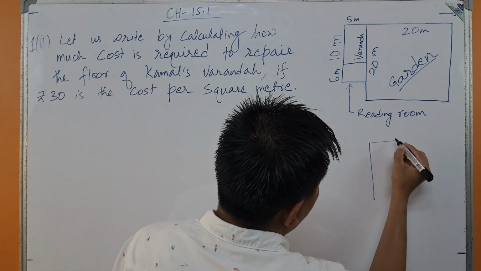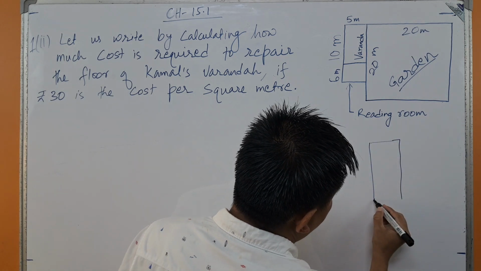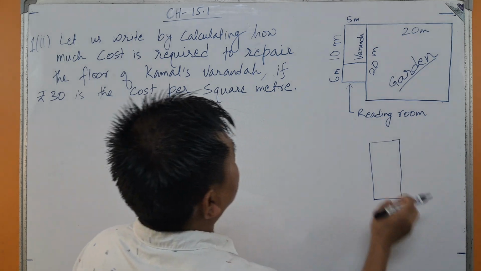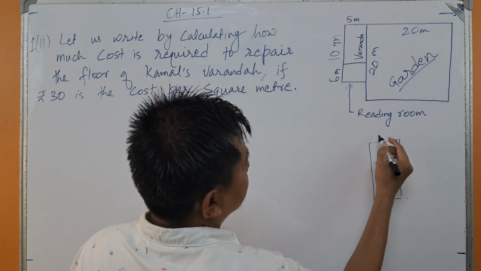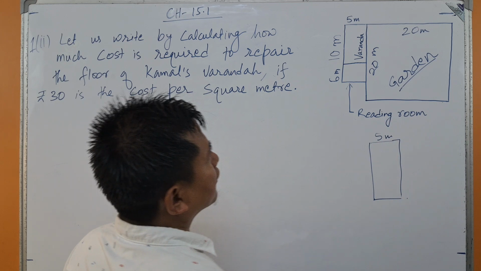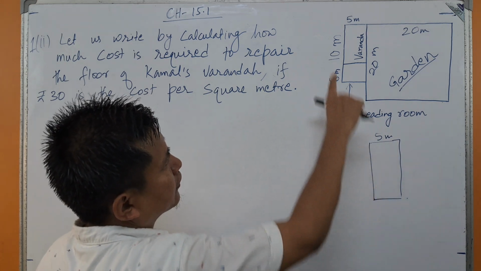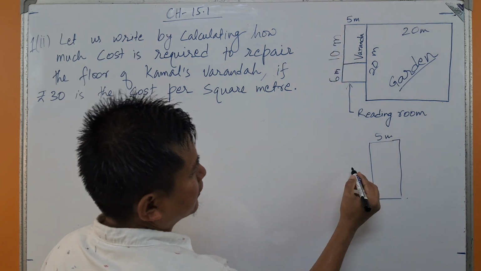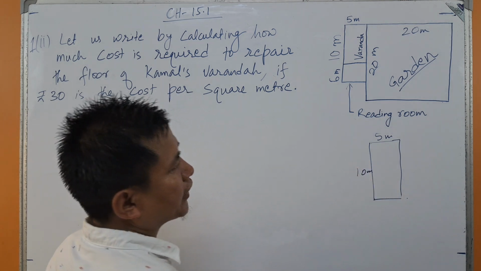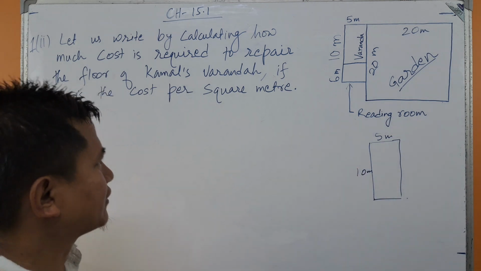Okay, Kamal's veranda is in the shape of a rectangle. The breadth of this rectangle is 5 meter and the length of this veranda is 10 meter. So the area of rectangle is length into breadth, isn't it?